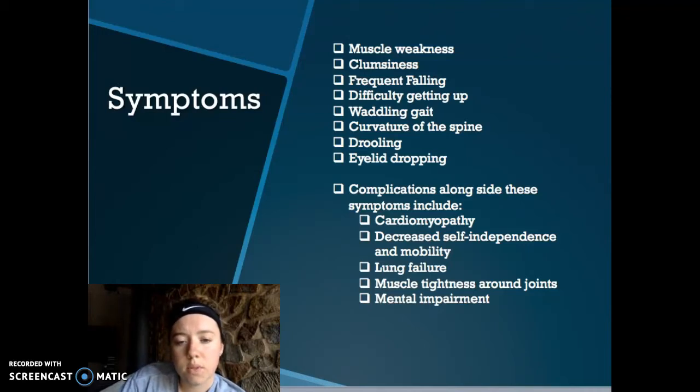So if any of those things are occurring in you or your child, it's often required or suggested to go and get tested. If you do have DMD, there's also complications which come alongside. So cardiomyopathy, decreased self-independence and mobility, lung failure, muscle tightness around the joints, and mental impairment.